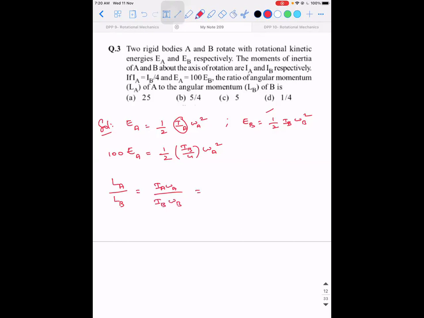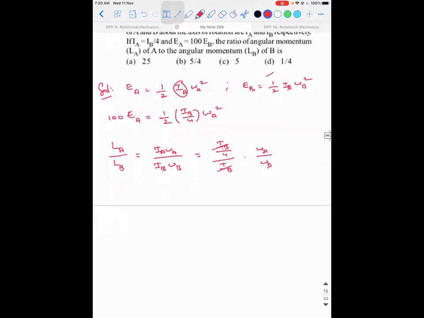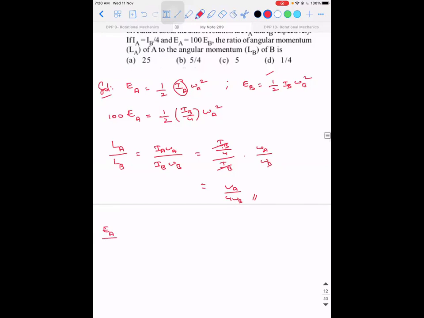So IA is how much, guys? IA is IB by 4 by IB. We need to know what is the value of omega A to omega B. Right, IB will get cancelled. So omega A divided by 4 times omega B is the angular momentum ratio. But the question here is, we need to eliminate omega A and omega B. How do we eliminate it? We know that EA divided by EB is equal to 100, which implies, what is the value of EA?